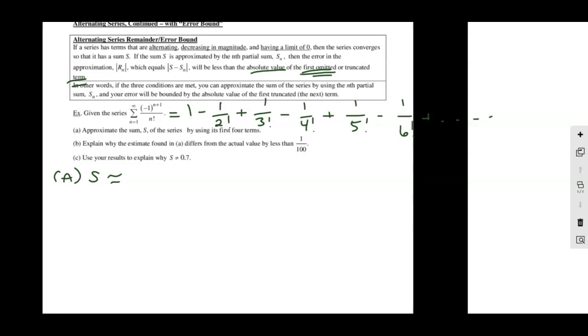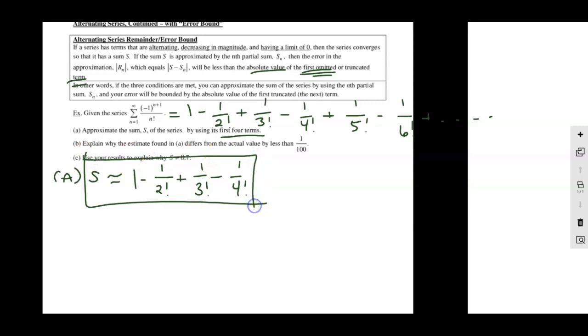Now, here our partial sum, it says just the first 4 terms. So I'd have 1 minus 1 over 2 factorial, and then plus 1 over 3 factorial minus 1 over 4 factorial. And then you could leave it like this. If you wanted to change it, this would be like 1 minus 1/2 plus 1/6 minus 1 over 24.